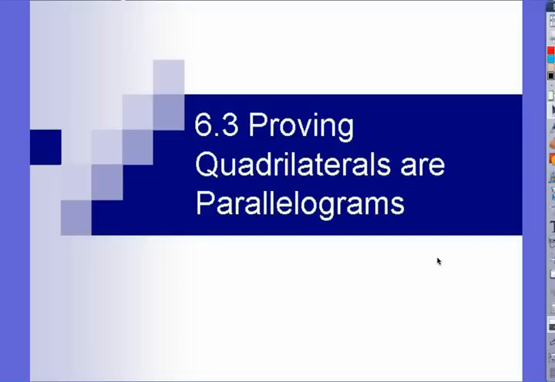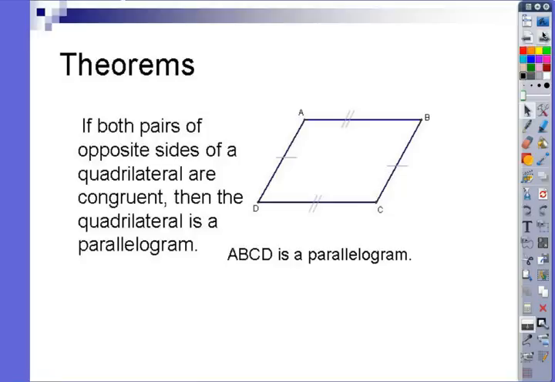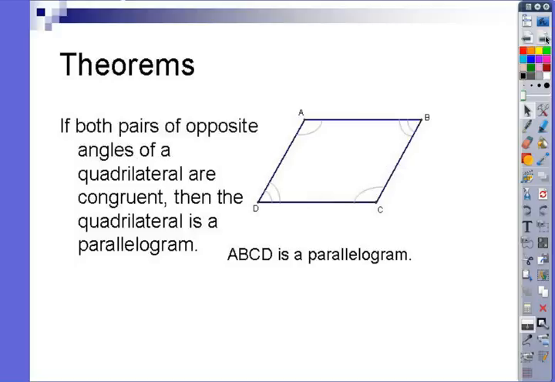So we end up with stuff like this. If we've got some quadrilateral with two pairs of opposite congruent sides, it's got to be a parallelogram, right? That's a property that we just talked about of a parallelogram. If we've got a quadrilateral where both pairs of opposite angles are congruent, parallelogram.